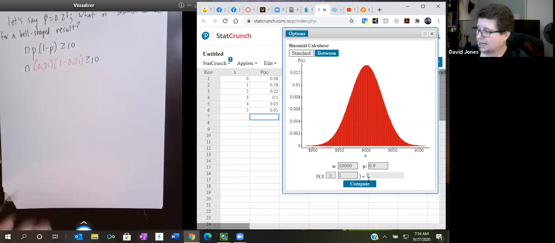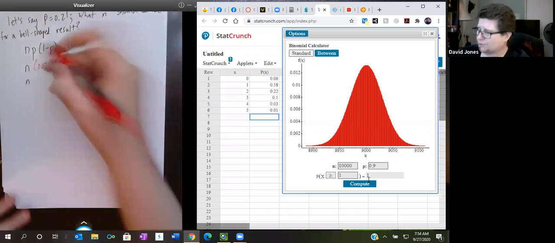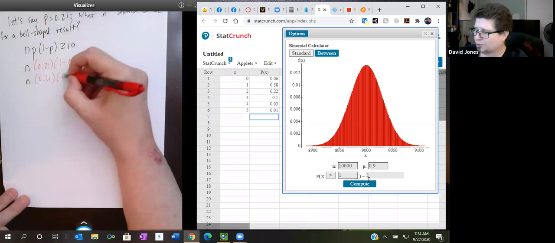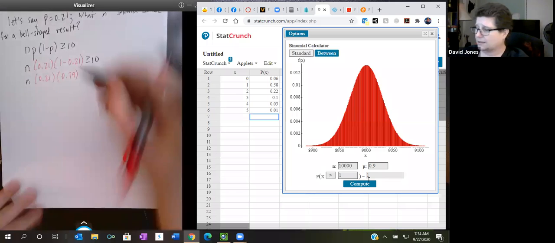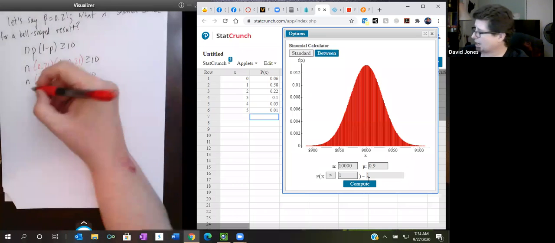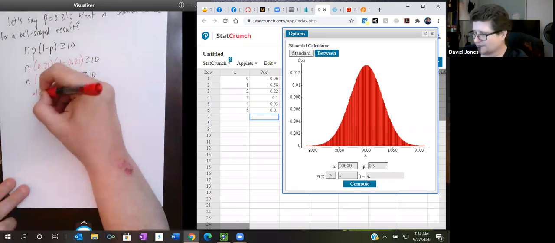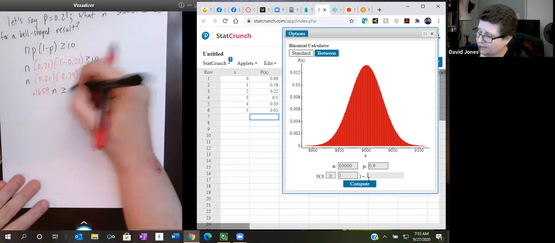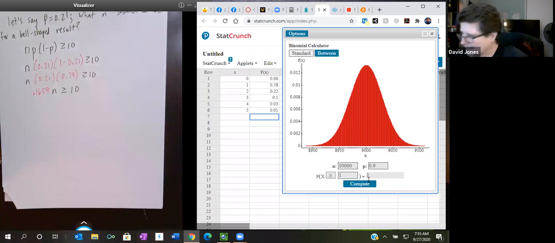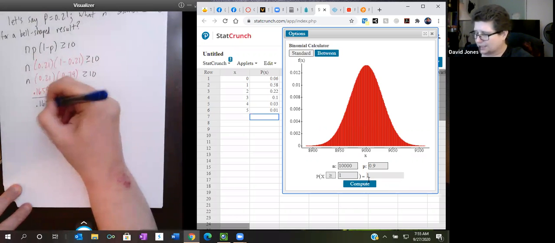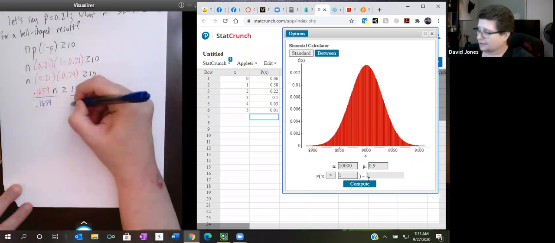If we do that, 0.21 doesn't change. 1 minus 0.21 is 0.79. If I multiply 0.21 and 0.79, I'm going to get 0.1659 times n. It needs to be greater than or equal to 10. And I can find what n I need. I can divide both sides by 0.1659. This is a little bit of algebra.